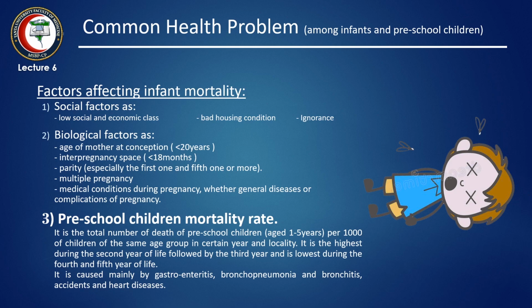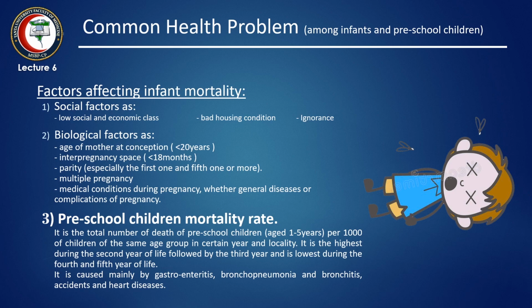Preschool children mortality rate. It is the total number of deaths of preschool children aged 1 to 5 years per 1,000 of children of the same age group in certain year and locality.